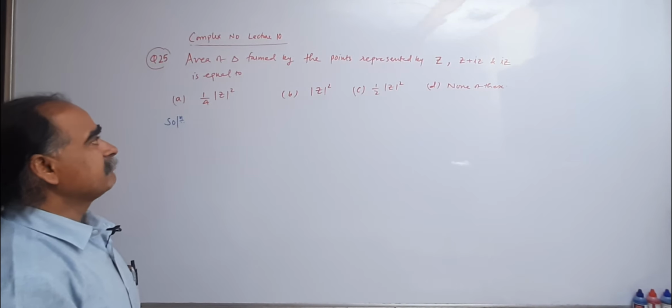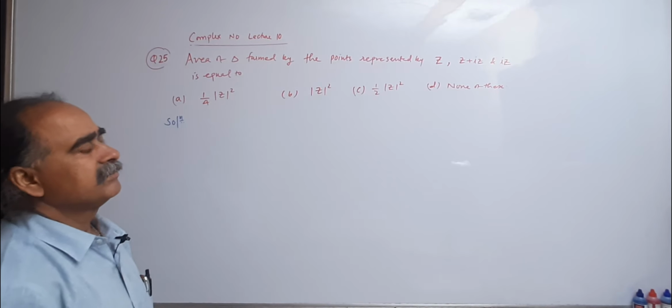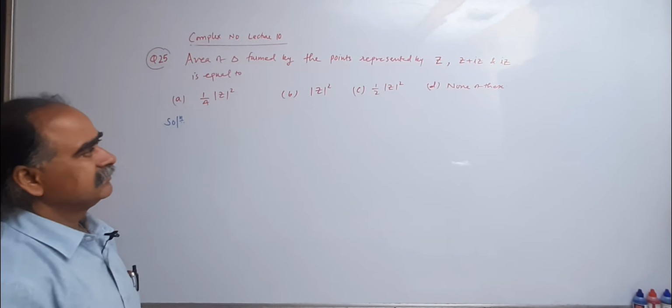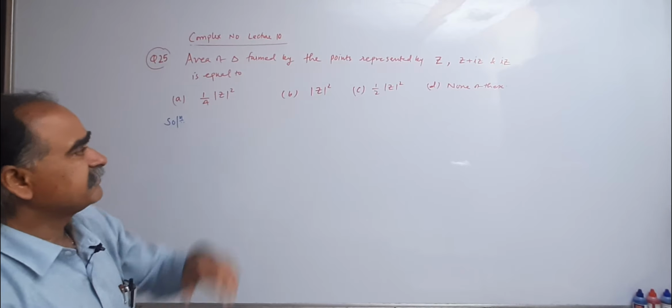Okay, friends. Question number 25. Area of triangle formed by the points represented by z, z plus iz and iz is equal to, options are given.